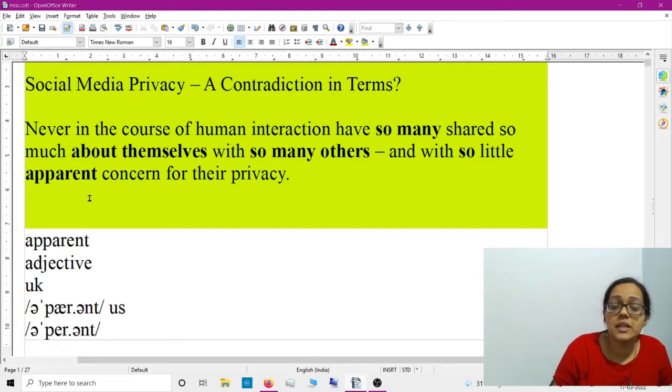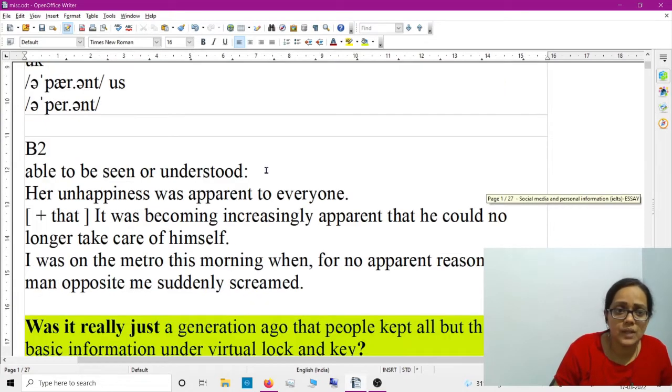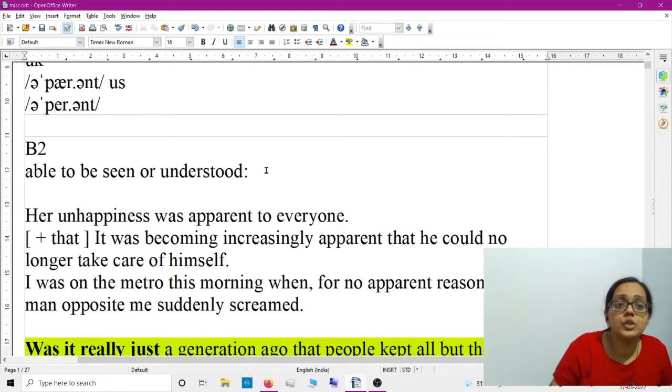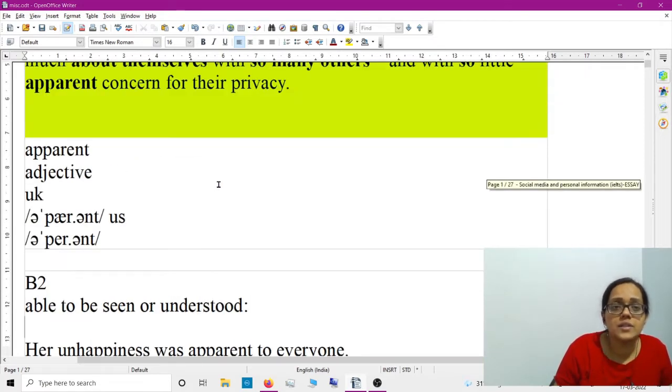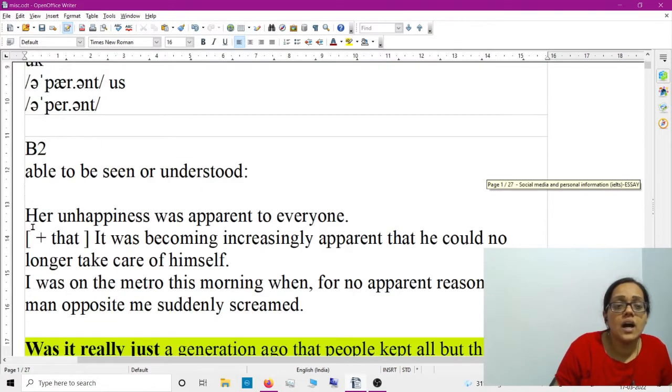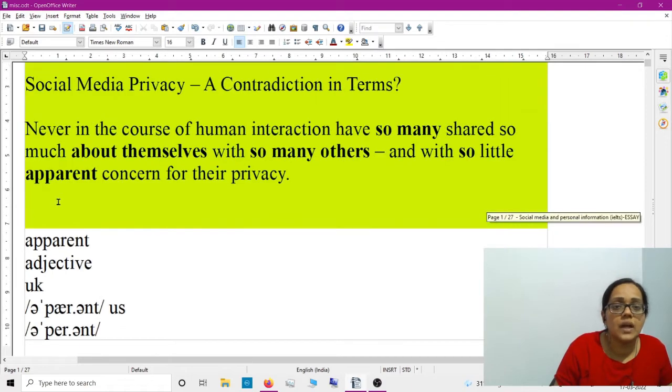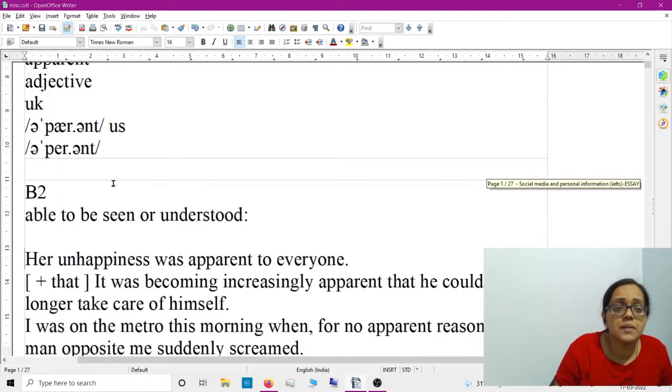So what is the meaning of apparent? Apparent means able to be seen or understood. Example sentence: her unhappiness was apparent to everyone, it's clear, easily understood. So with so little apparent concern, so there is so little clear concern for their privacy.